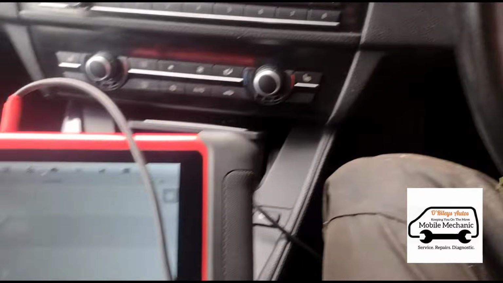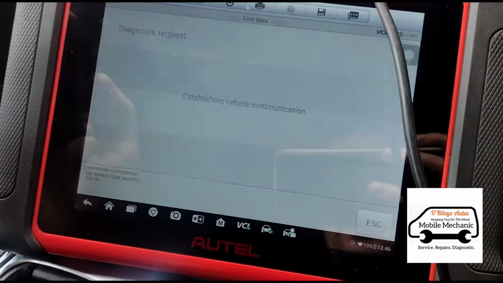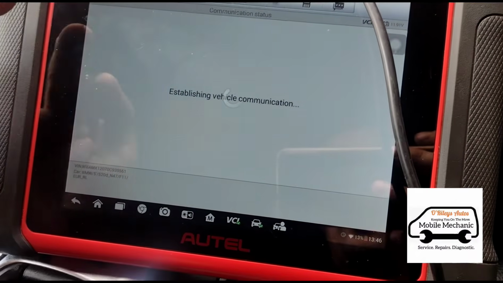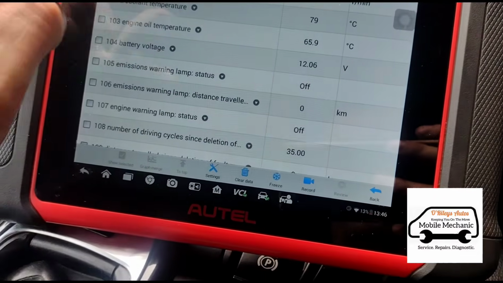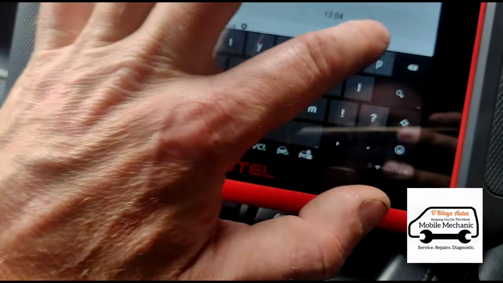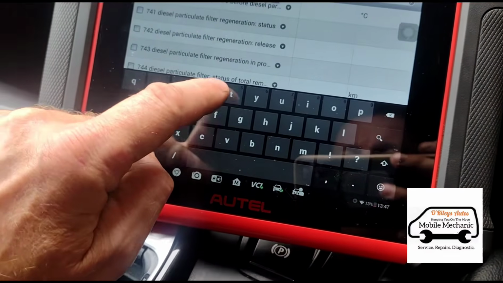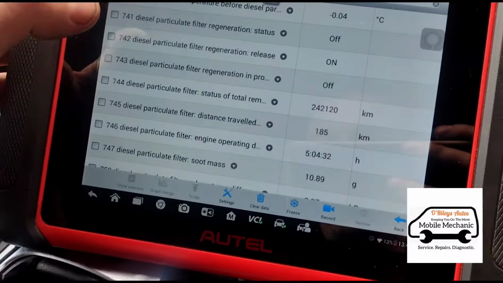system up and running. Now we'd go into live data and see what the readings are on the DPF system itself. So we're going to search for the particle filter. Let's move some of this down.